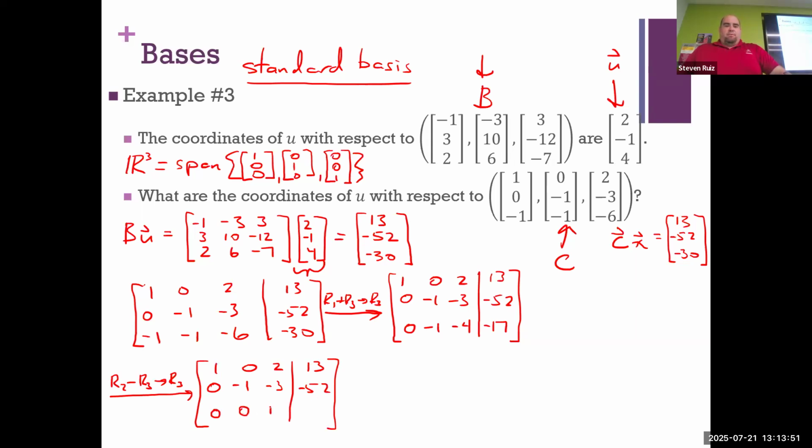Zero, 0, 1, -35. All right, now what would you like to do? Let's scale that. Done. Negative row 2 to row 2. Now what?